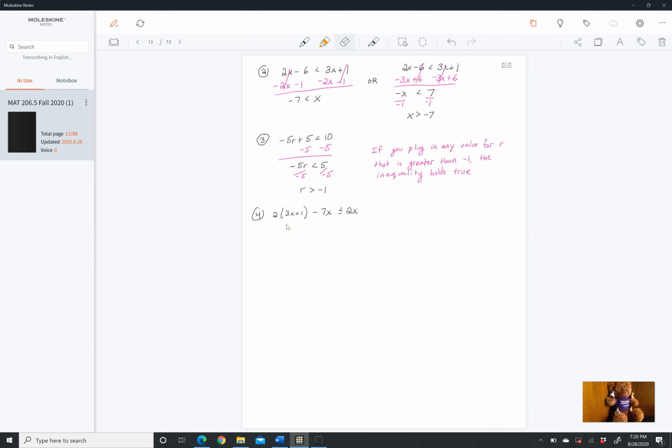So here, if you remember, our goal is to get rid of parentheses first. So to get rid of parentheses, we distribute that 2. And once we get rid of parentheses, then we can combine like terms.